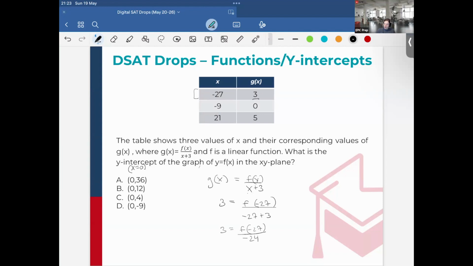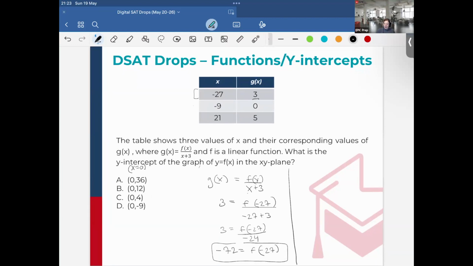Now I'll move the -24 and multiply by 3, which is -72. So basically I have -72 is equal to f of -27. Okay, we'll take a look at that at the end, but that's one of our values.